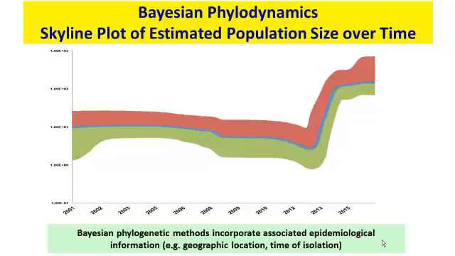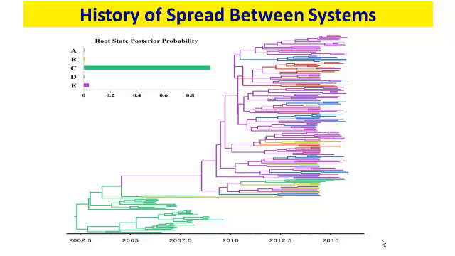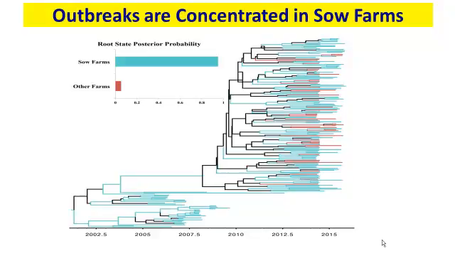Since you know where the viruses were found, you can ask how they move geographically. And so you can generate information here. You can look, if you have information on where in the system they came from. Was it a farrowing room? Was it the sow barn?